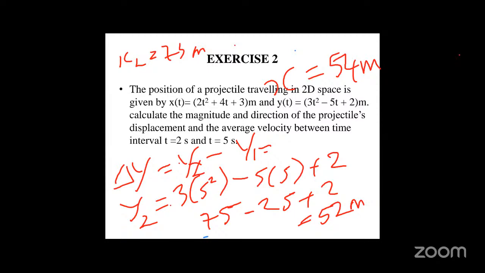So y2 is 52 meters. So what about y1? y1 will be 3, 2 squared, minus 5, 2, plus 2.